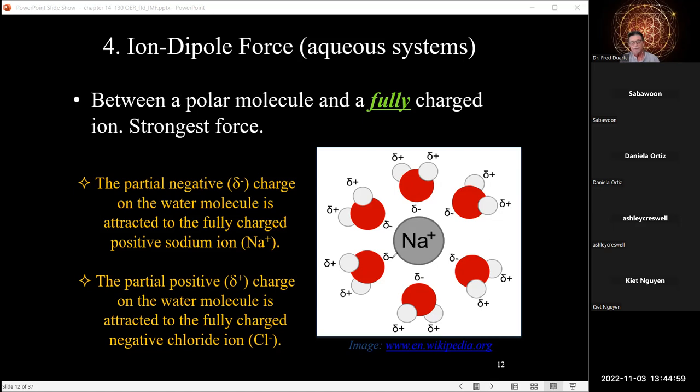And then on the other side, if this was, for example, sodium chloride, table salt, we will have the chloride ion that is interacting with the partial positive side of the water molecule, the hydrogen side, okay? And so all this, again, is occurring all around three-dimensionally. It's a very strong force.